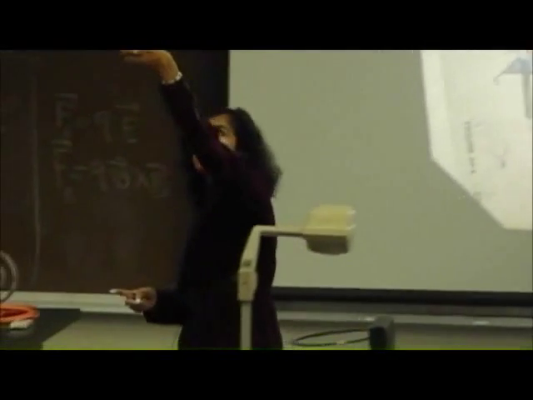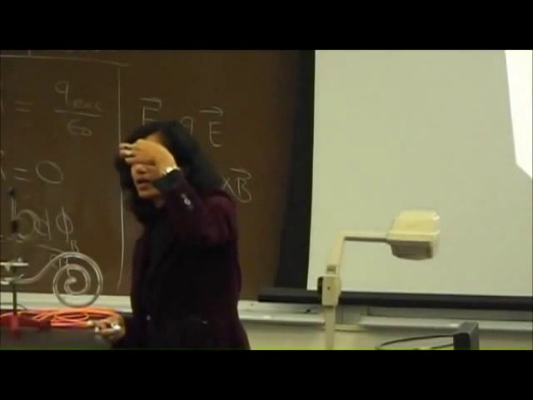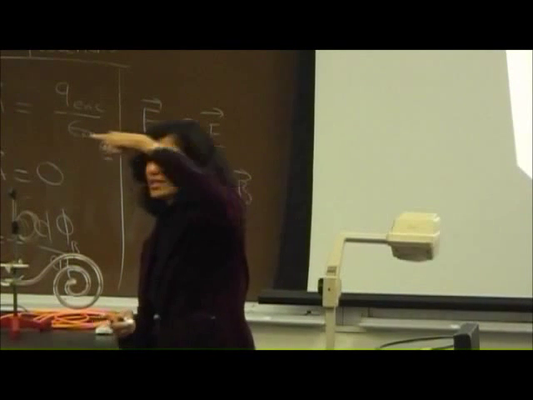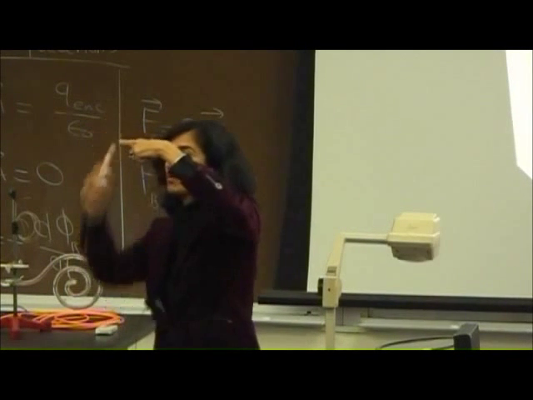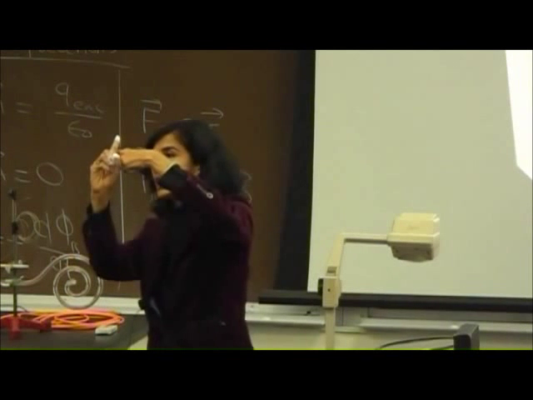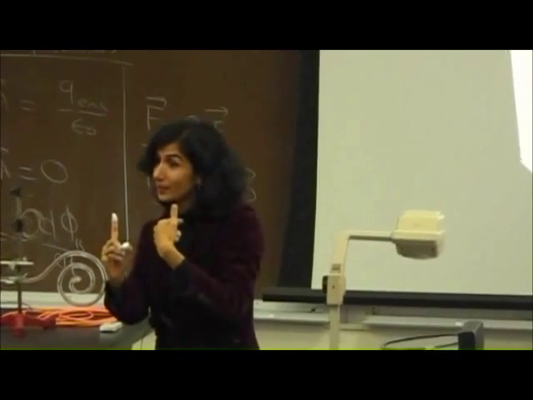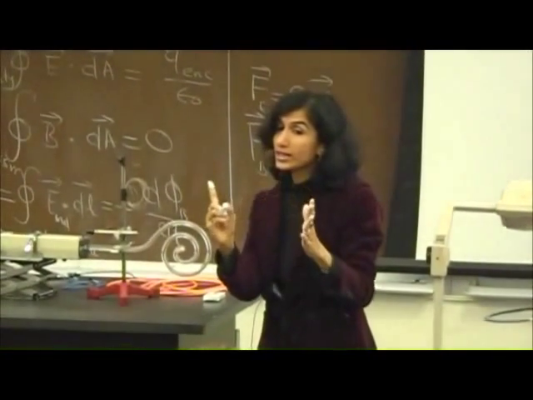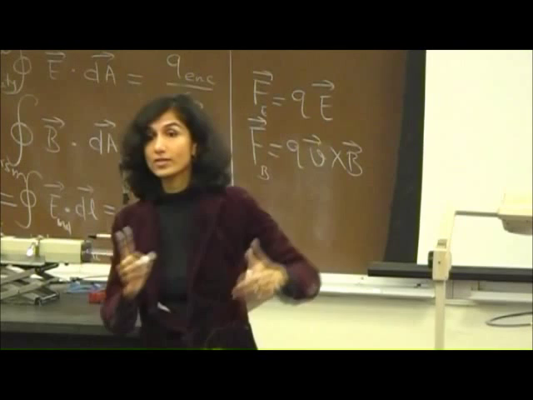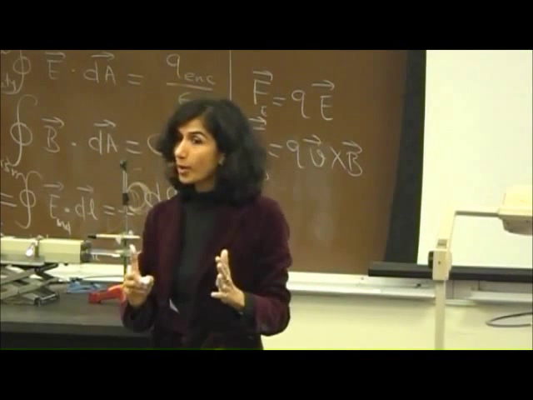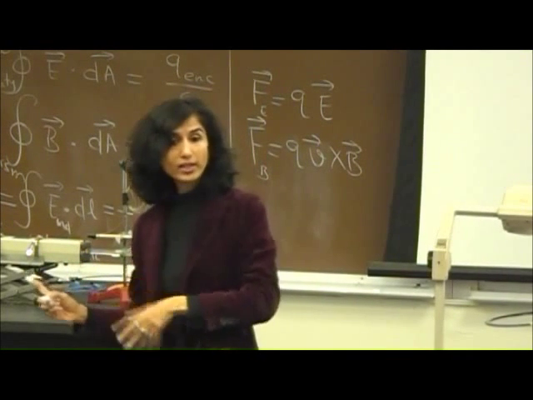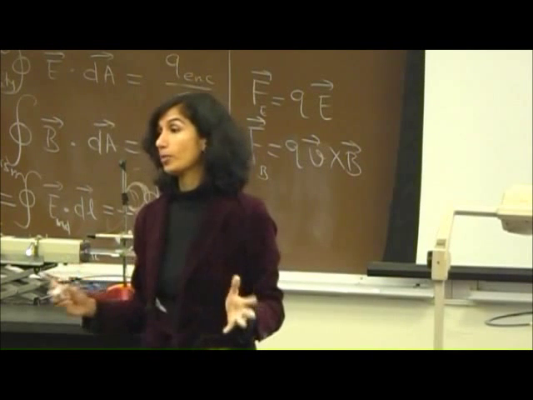So for a light that's coming right at me, say the electric field could be oscillating this way, the magnetic field could be perpendicular to that, and then there's one direction, like this, that is the direction in which light is heading. So in all electromagnetic waves, the direction of propagation, the direction of electric field, and the direction of magnetic field are all perpendicular to each other.